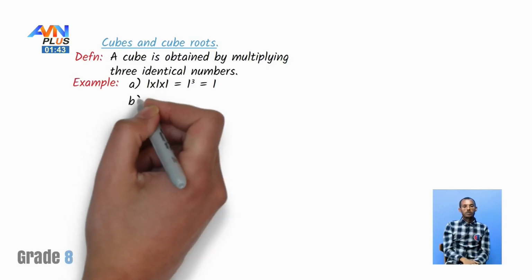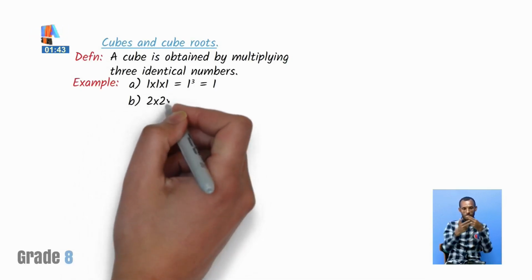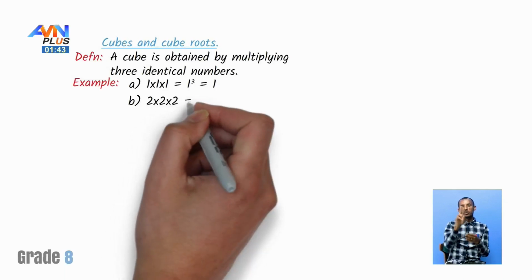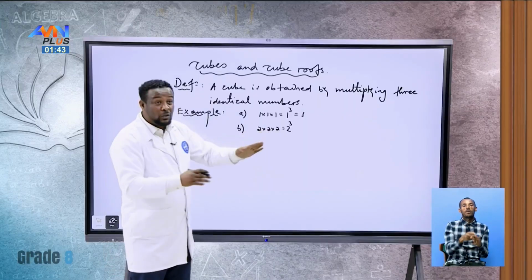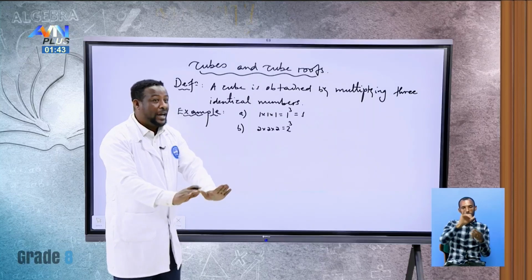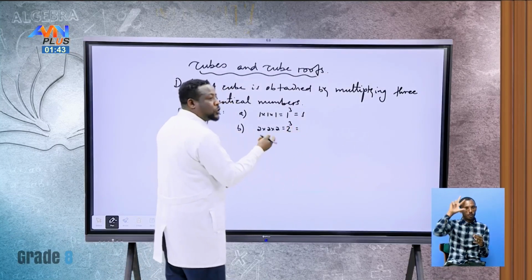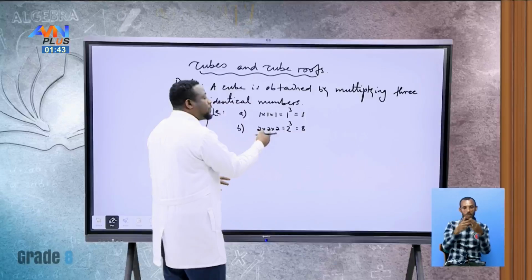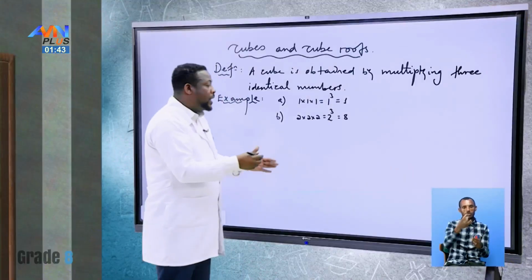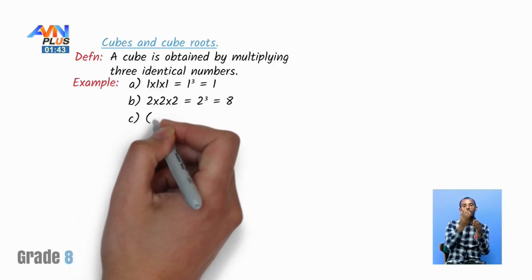Take 2 times 2 times 2, which is usually written as 2 to the power of 3. This is the product of three identical numbers, and this is called a cube. So 2 cubed is 8, because 2 times 2 is 4, 4 times 2 is 8.